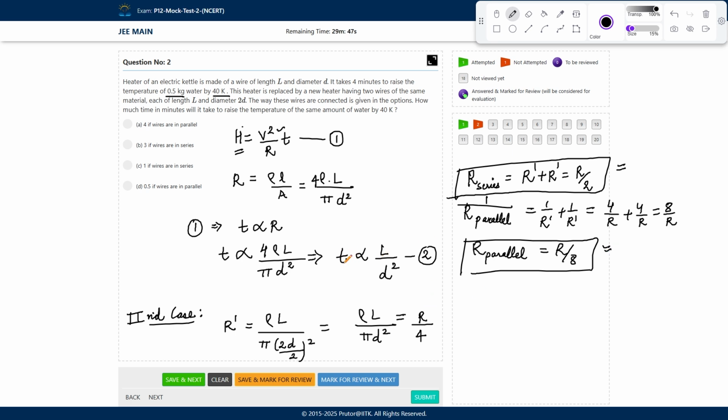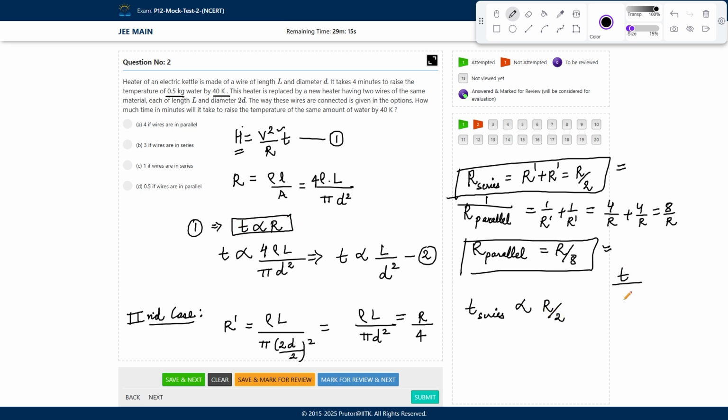Okay, now T is proportional to R. For the second case, T series will be proportional to R by 2, because resistance in series is R by 2. So now take the ratio.